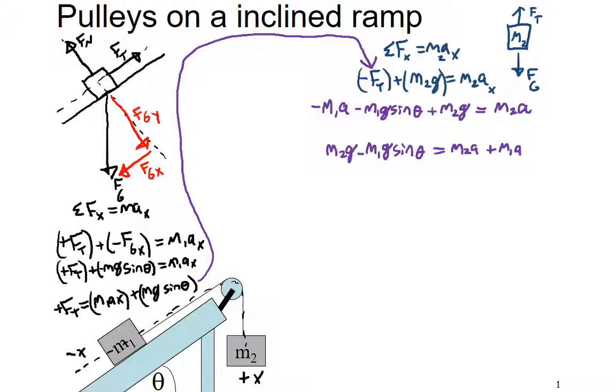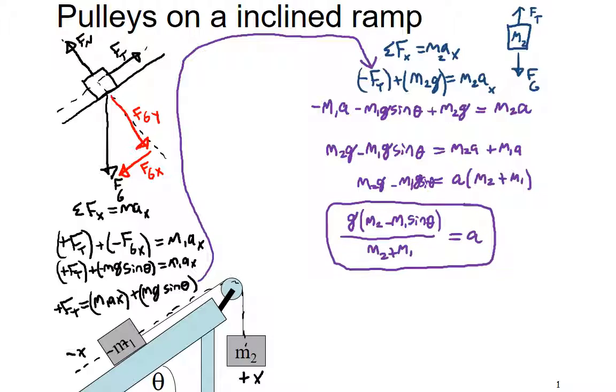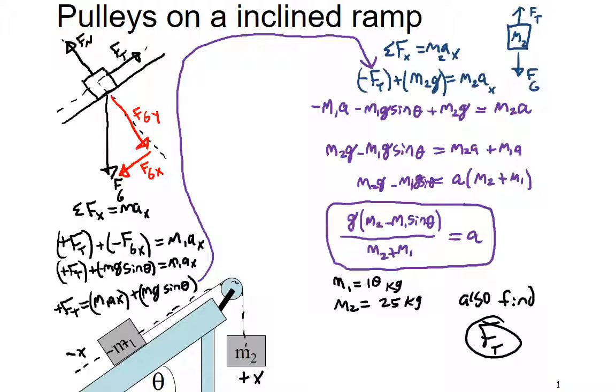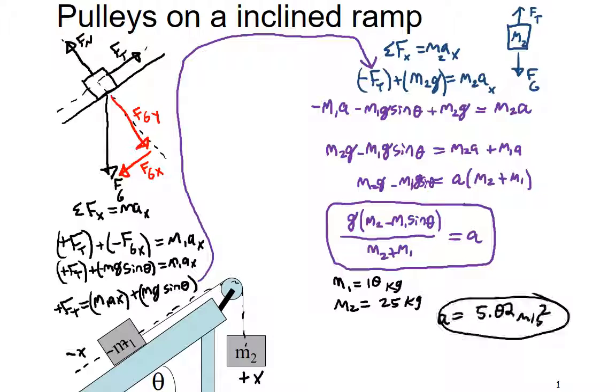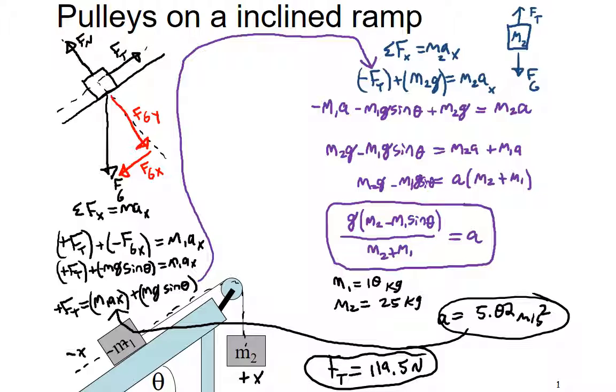Isolating for acceleration, this should be what we got, g times m2 minus m1 sine theta divided by m2 plus m1, and we should get the acceleration, which is 5.02 meters per second squared, with a tension force of 119.5.